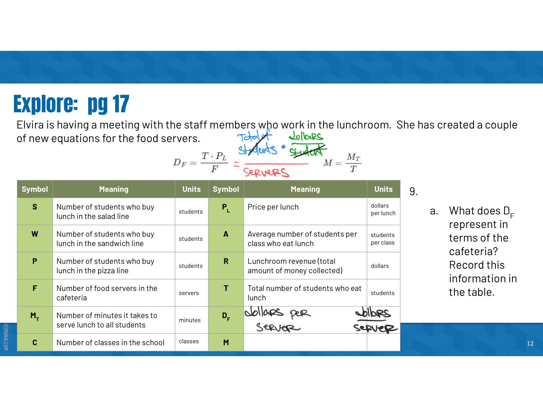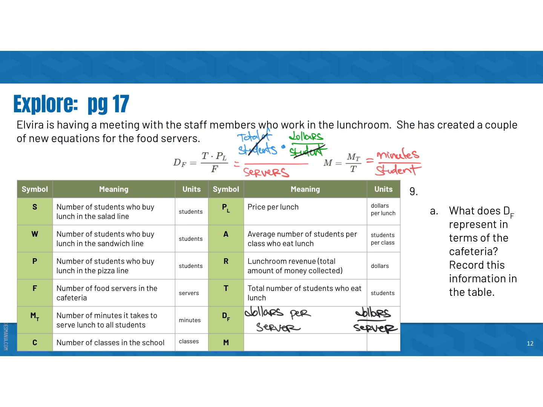All right, so M of T is minutes. It's the minutes it takes the servers to serve lunch at school, divided by T, which is students.